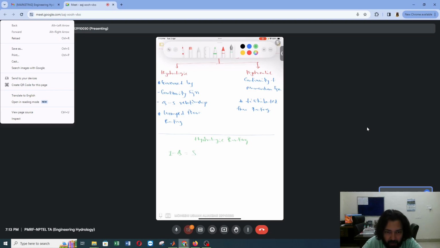So hydrologic routing is based on this continuity equation, but we know that each of these terms varies with respect to time, right? So if we take the differentiation of this, we'll get inflow at any particular time minus outflow at any particular time equals dS by dt, right? But the problem here is both Q and S are unknown to us.